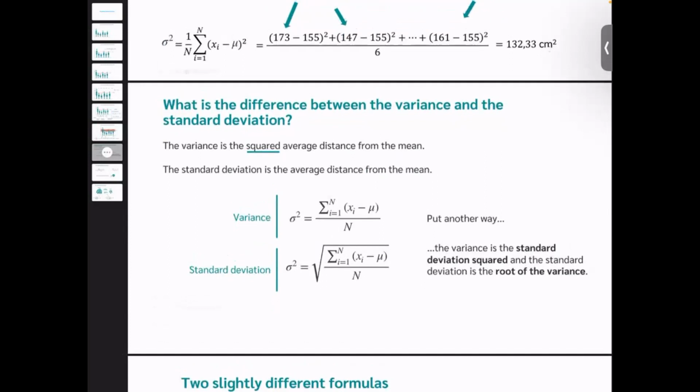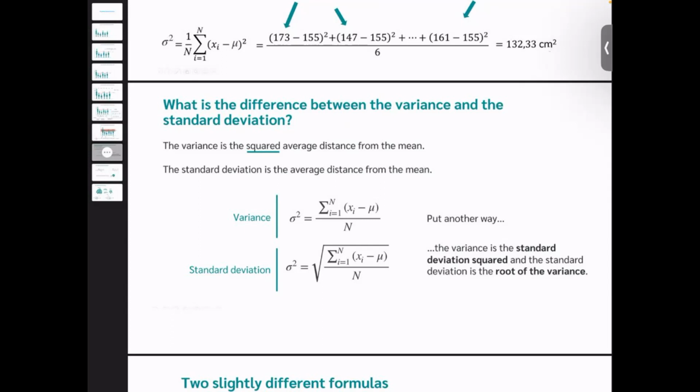Now, let me remind you, what is standard deviation? It is how far each data point is from the mean. If the standard deviation is big, that means each data point is far away from the mean. Kind of bad, in statistics, right? If the standard deviation is small, that means each data point is closer to the mean, right?